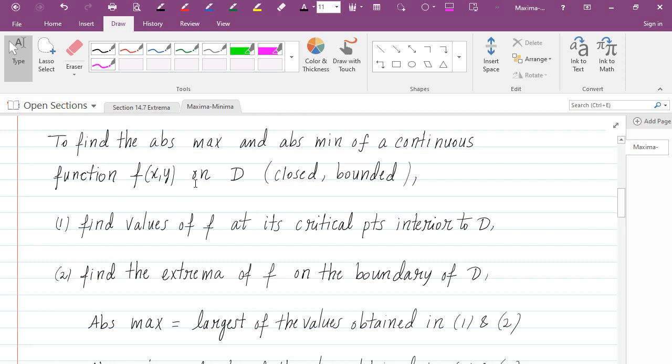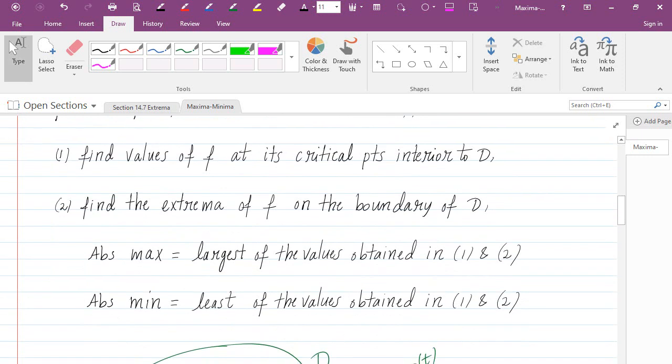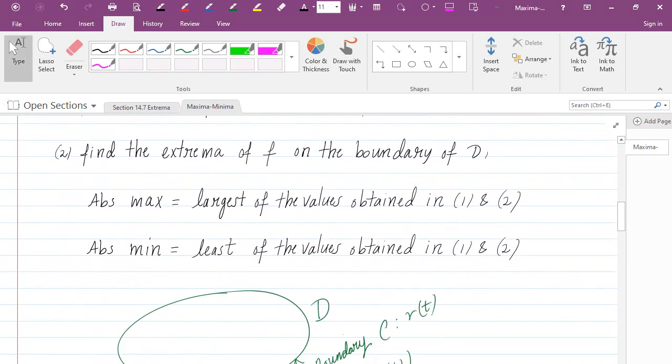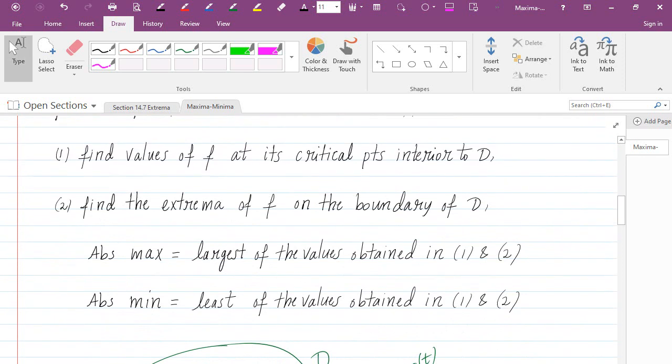So to find the max and min of f on D, the first step is to find the critical points of f which are interior to D, and then find the extrema of f on the boundary of D. Then the absolute maximum would be the largest of the values obtained in parts 1 and 2, and the absolute minimum would be the least of the values obtained in parts 1 and 2.